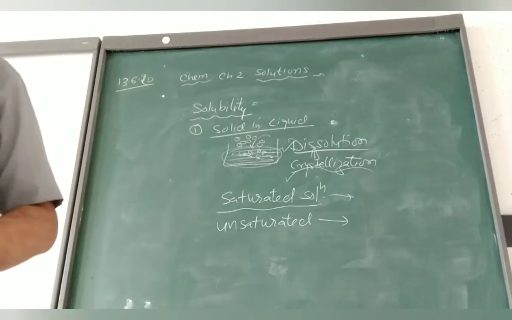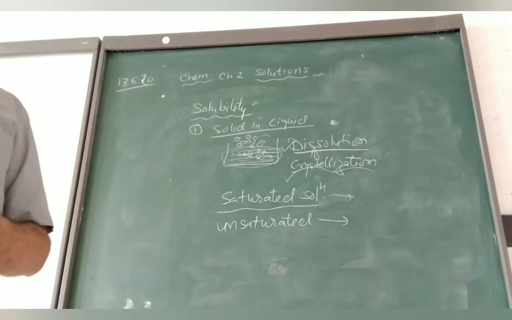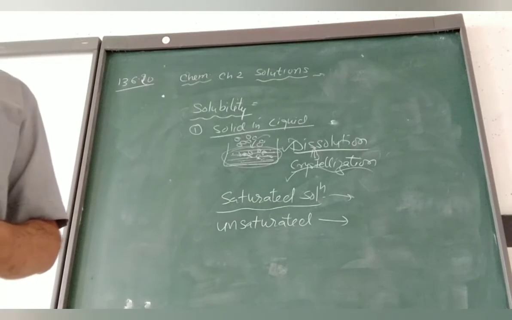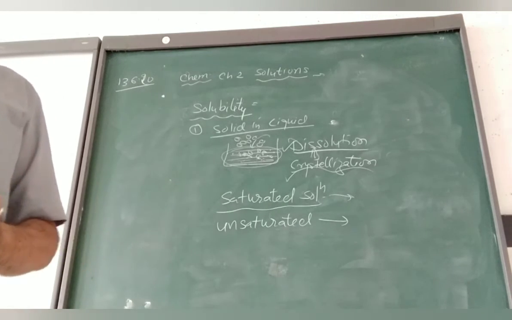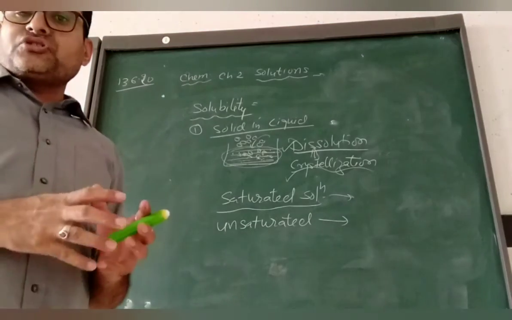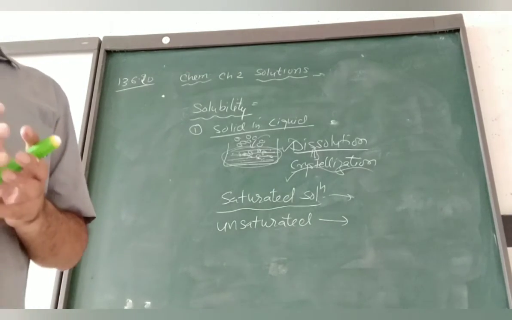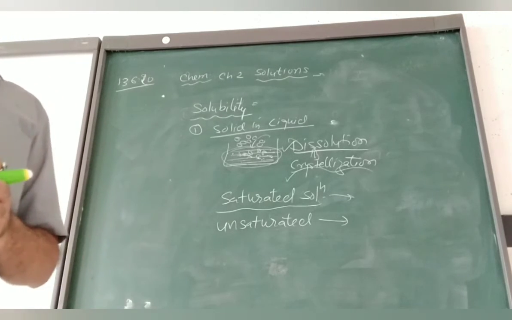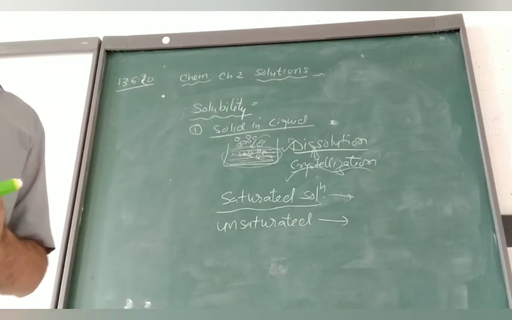Right? So this solution, which is in dynamic equilibrium with dissolved and undissolved substance, is in the equilibrium condition. The concentration of solute in a solution which is in equilibrium is called solubility. So solubility of a substance in another depends on the nature of the substance.